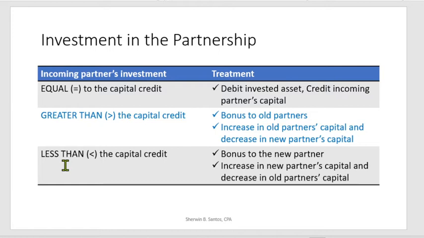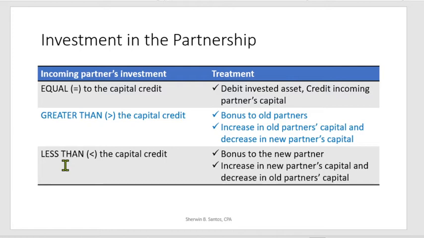Kung less than naman, mas maliit yung pera niya pero malaki ang ibibigay sa kanyang capital credit. Sir, bakit nangyayari yon? There are instances that merong qualities yung new partner. For example, expert siya sa ganitong field or sa ganitong industry, gusto mo siyang maging partner in your business.